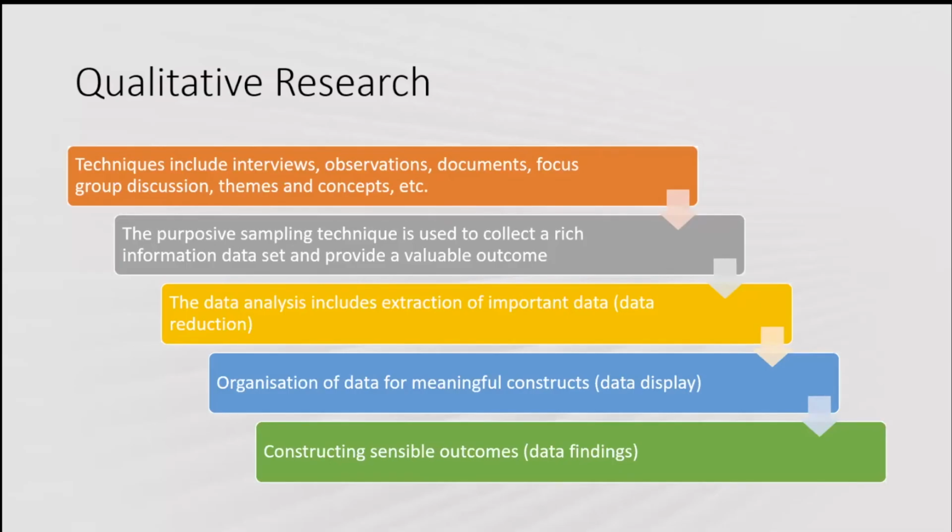And the data analysis is generally, you get so much data that you have to keep on reducing. That is, you have to categorize, because you might find several words are synonyms or used in the same way. And so you have to capture all those meanings into one category or one concept. And that is called the data reduction process. And so you have to reduce that data into meaningful constructs and outcomes.